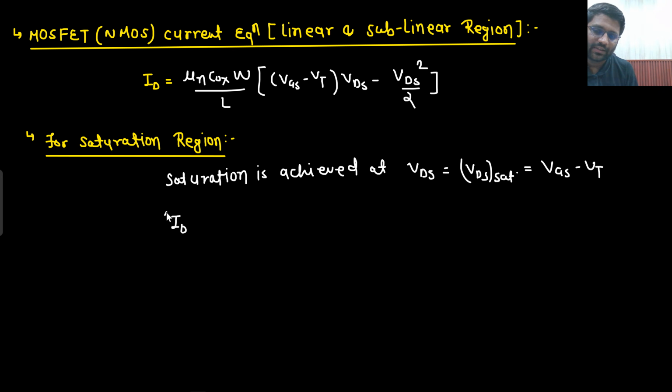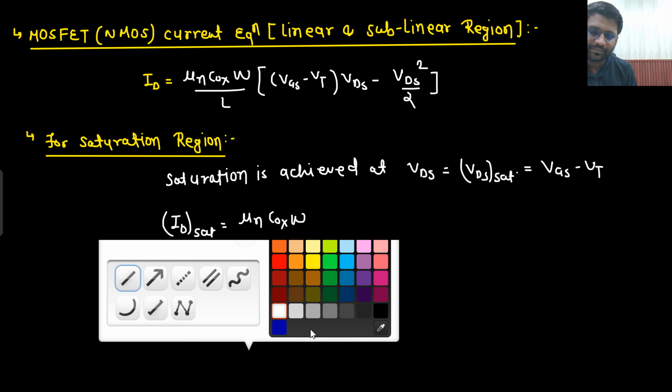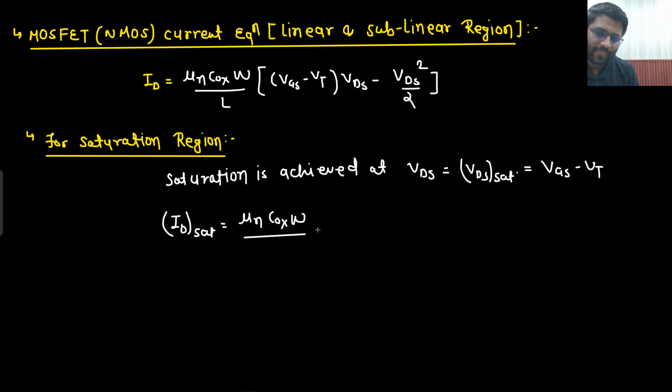So your ID saturation current would be nothing but mu n Cox W by L, here you will put VGS minus VT, and (VGS minus VT) whole square by 2. So x square by 2 you will get. So this part would become (1/2)(VGS minus VT) whole square. Okay.